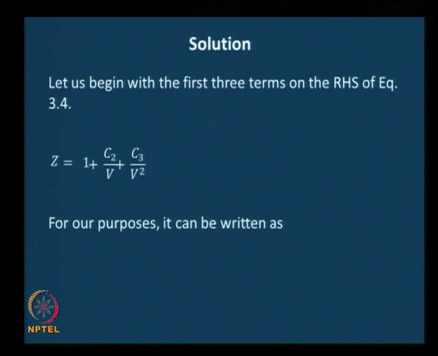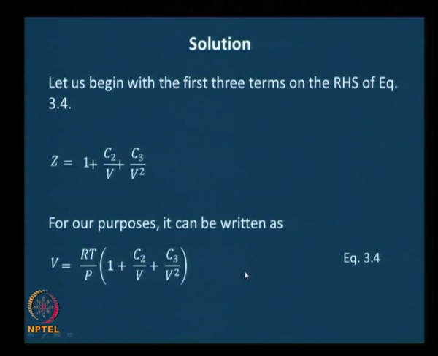We are trying to find out the volume, and therefore we need to express this in terms of the volume. Therefore, for our purposes, Z is nothing but PV by RT. If you multiply both sides by RT by P, we get V equals RT by P into 1 plus C2 by V plus C3 by V squared.